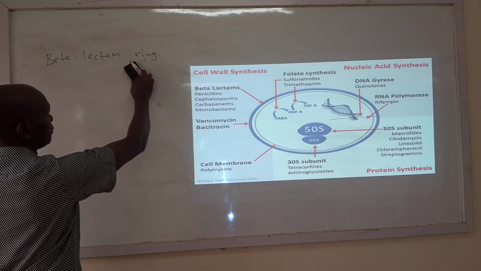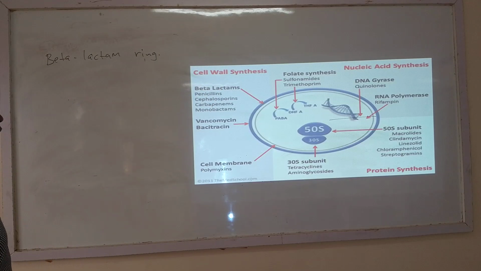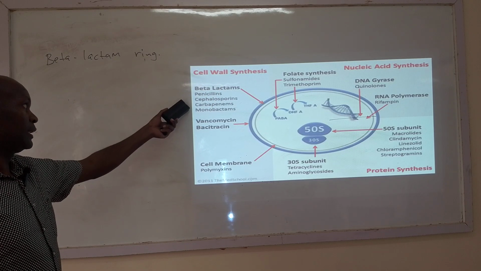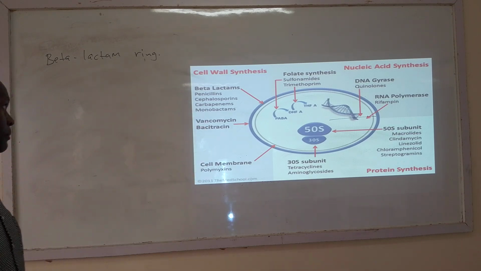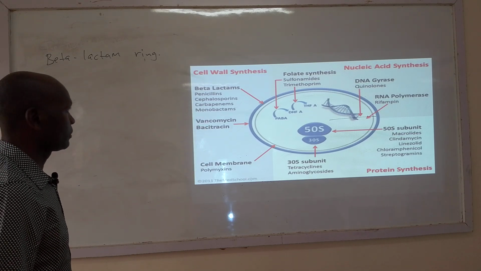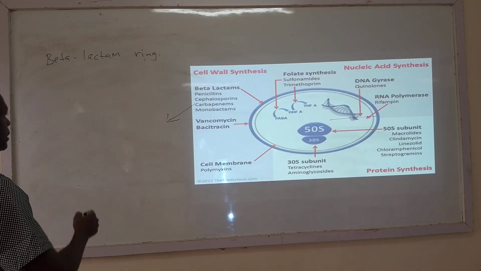Examples of drugs that act on cell wall synthesis include penicillins, cephalosporins, carbapenems, and monobactams. A very common example of carbapenems is meropenem.